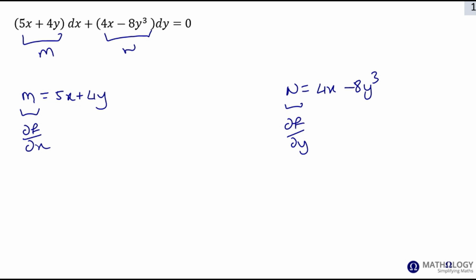We can start with either M or N. We'll do both cases. We take either M or N and find the partial with respect to the other variable.